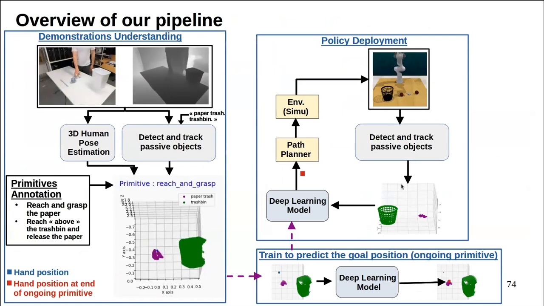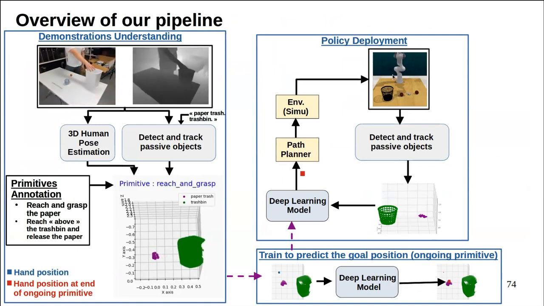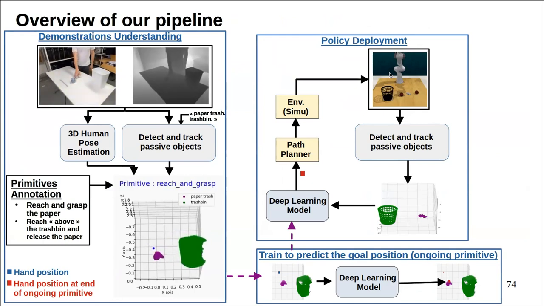Then, if we can train our deep learning model in such a way, we can start to plug it to a robot in simulation and see what happens. So first, in the simulation, you would have an initial observation of the scene where your robot is just standing straight and you have your object of interest on the table.